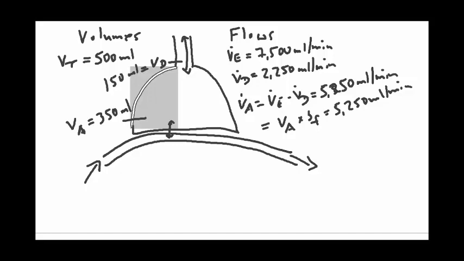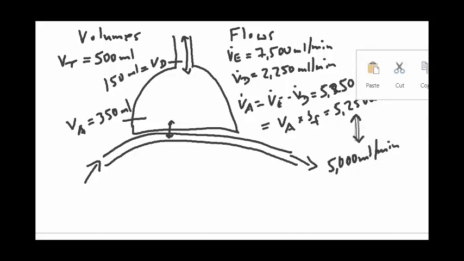And one more note to make here, normal blood flow at rest is approximately 5,000 milliliters per minute. And you see that that is very close to alveolar ventilation. So we have very good matching of the air that is actually participating in gas exchange with the blood flow.